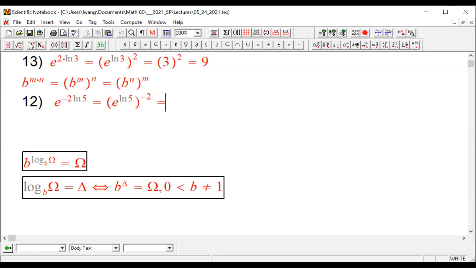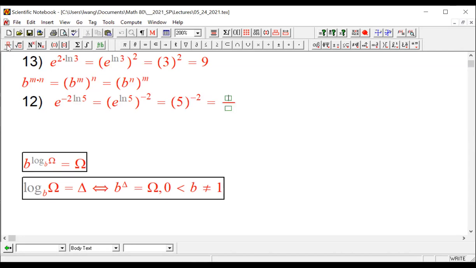And inside the parentheses is 5. And so that's going to make it equal to 1/25. Got it?